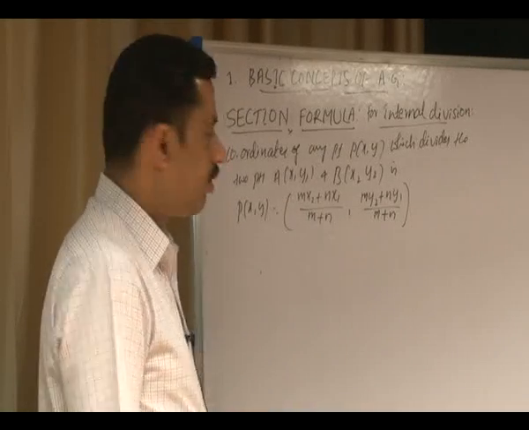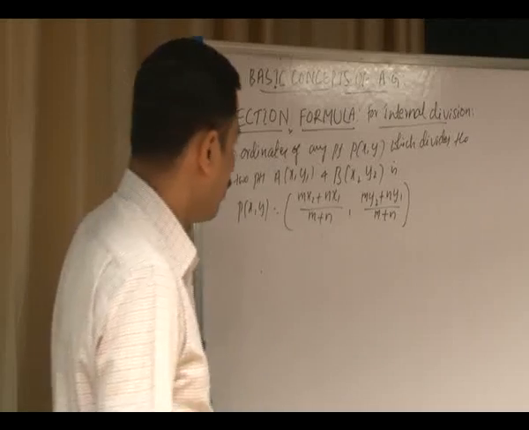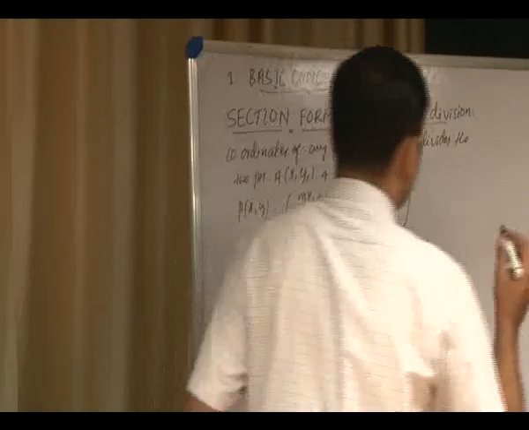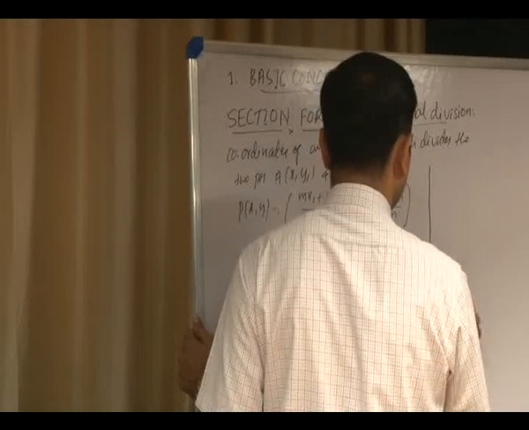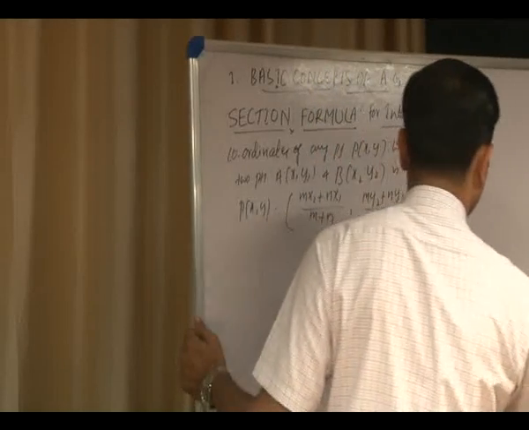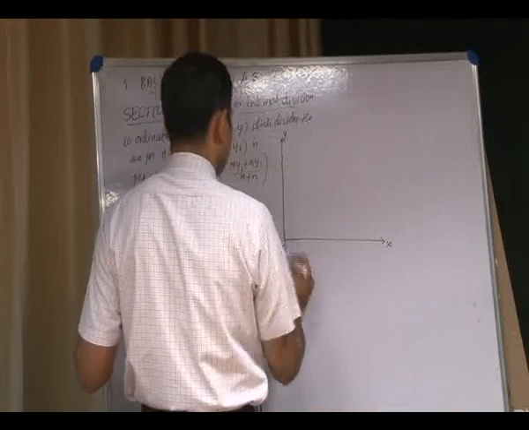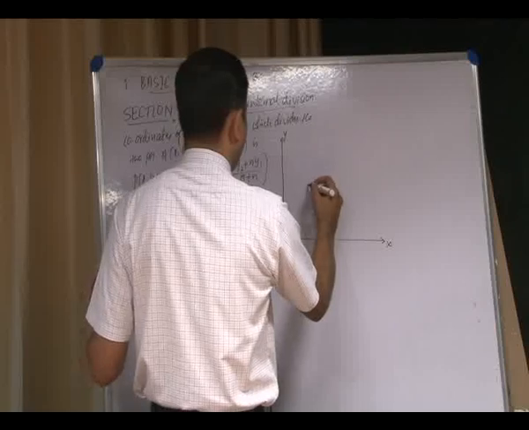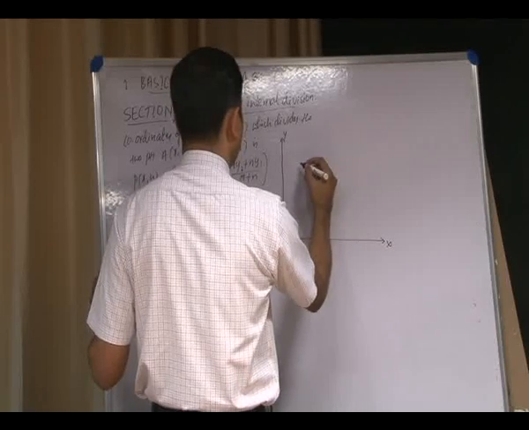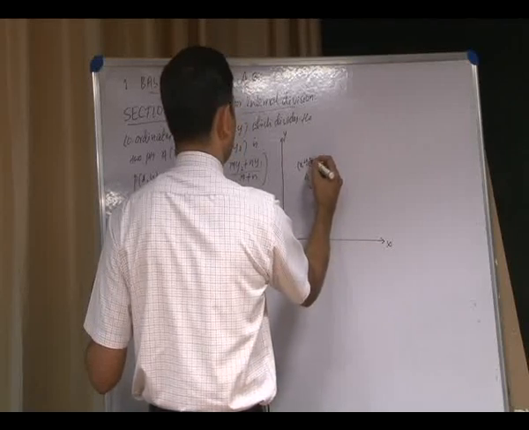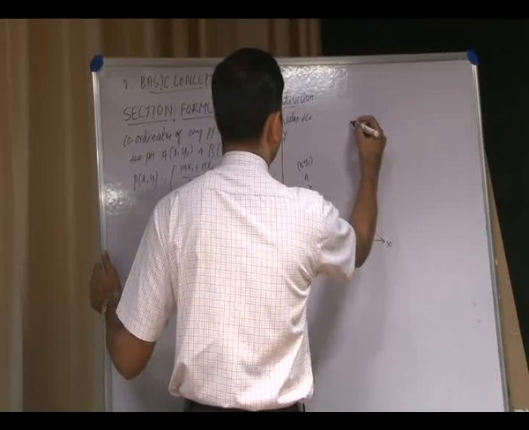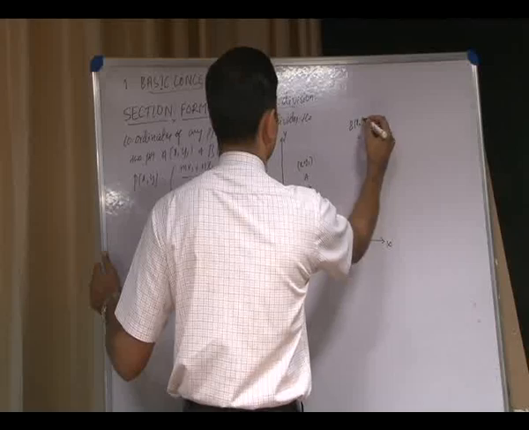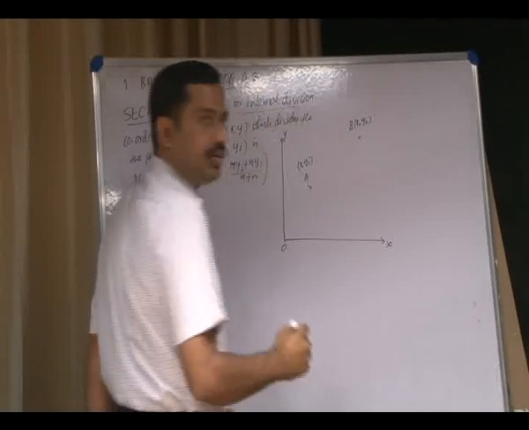This formula we are going to prove today. For that I will consider two coordinate points, A and B, in a plane. This is the x axis and this is the y axis. Let A(x1, y1) be any point on the plane and B(x2, y2) another point.